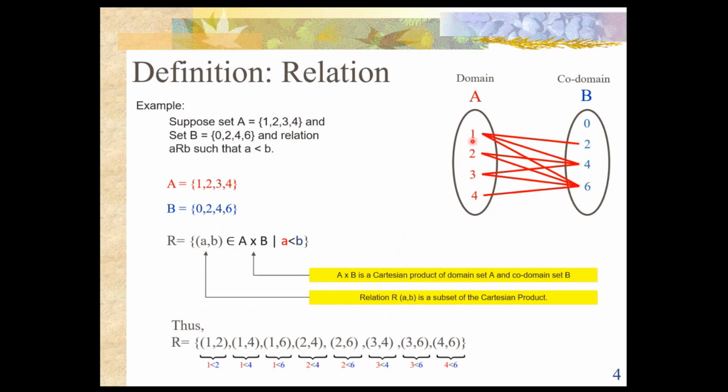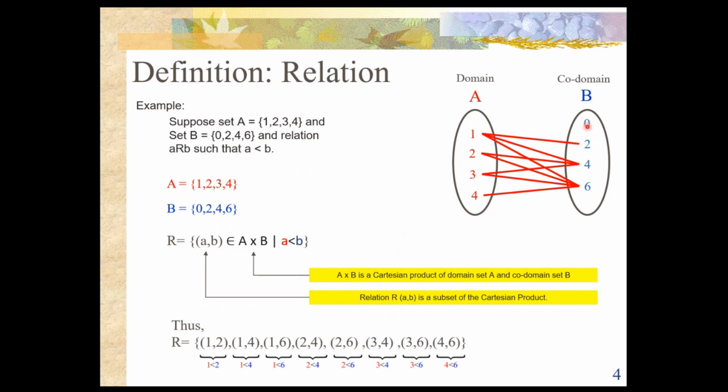Now let's do it together. Let's begin with the first element in set A, which is 1, and we will check against elements in set B one by one. First, we check against 0.